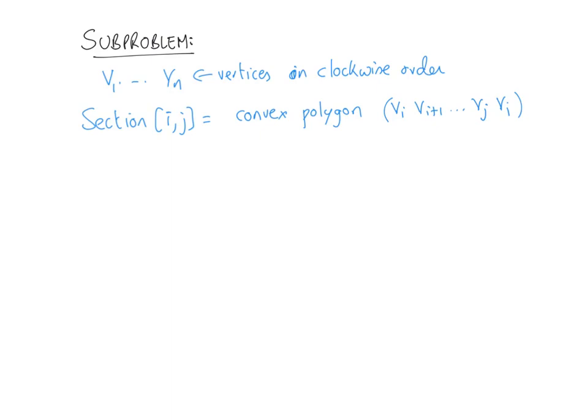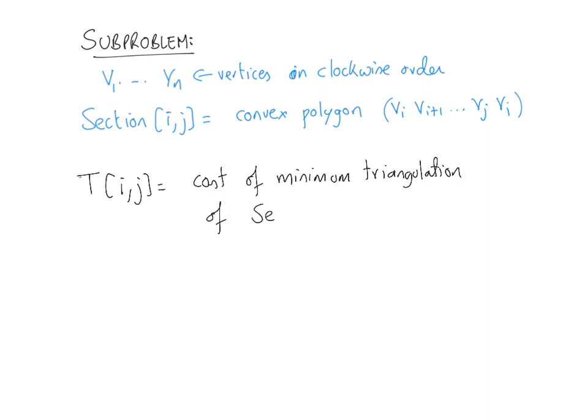And as you can see, there are roughly n squared sections. And so now we are ready to describe the subproblem. Essentially, our subproblem, I'll use the notation T, Tij, would be the cost of the minimum triangulation, or the value of the minimum cost triangulation of the section ij.